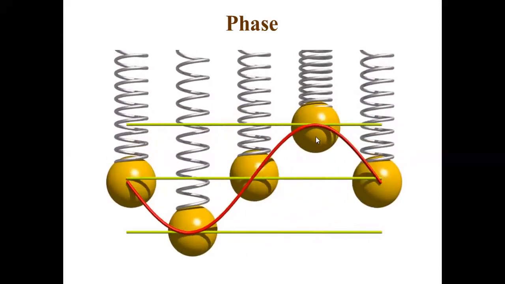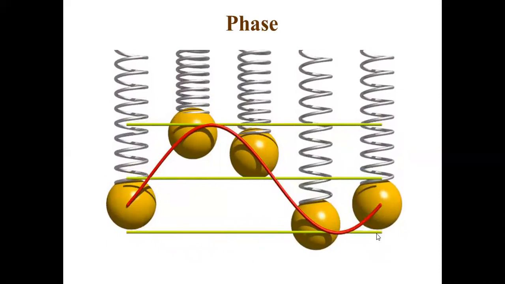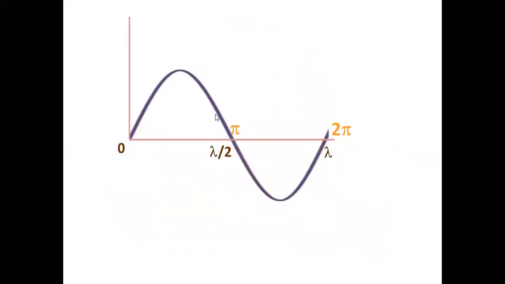Two particles at a distance of lambda have a phase difference of 2 pi, 360 degrees.